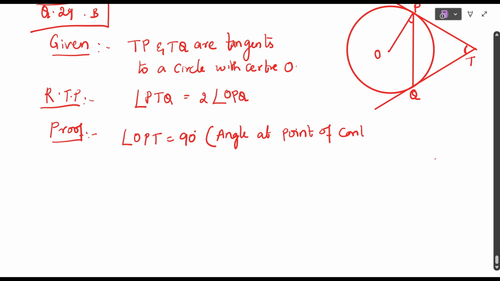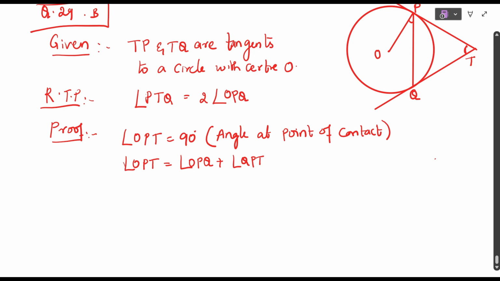And also the total angle OPT can be written as the sum of the two angles OPQ plus angle QPT. Observe the diagram carefully, students. Angle OPT can be written as angle OPQ plus angle QPT. So while doing these sums, you have to observe the diagram carefully and then write the steps. Then only it will be easy for you. Don't memorize the steps by heart.